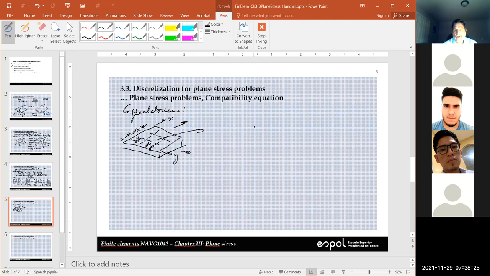So we take this arbitrary element and we see it from above, and this is what we have. Let's suppose this side is at position X, and the distance between this and these sides is dx. Similarly, this distance is dy.